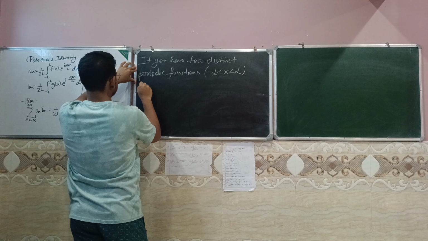Using those, this is the actual Parseval's identity that says the sum from negative infinity to infinity of a sub n times the conjugate of b sub n equals 1 over 2L times the integral from negative L to L of the first function times the conjugate of the second function dx. So this is your Parseval's identity.